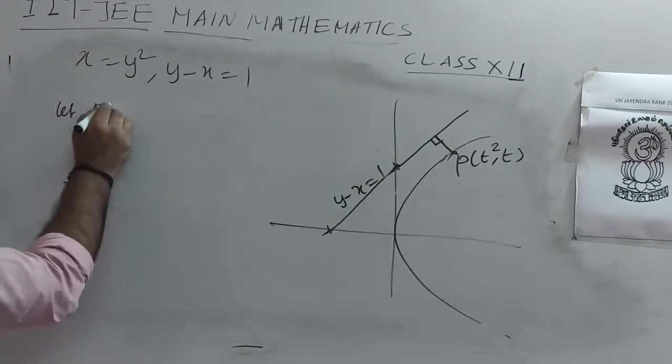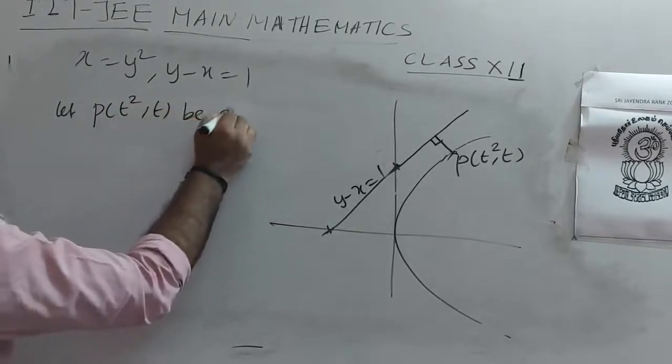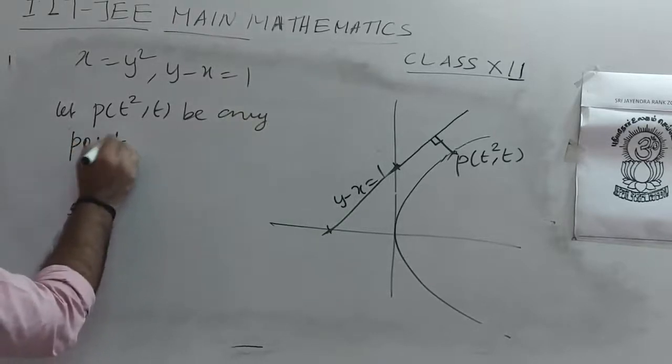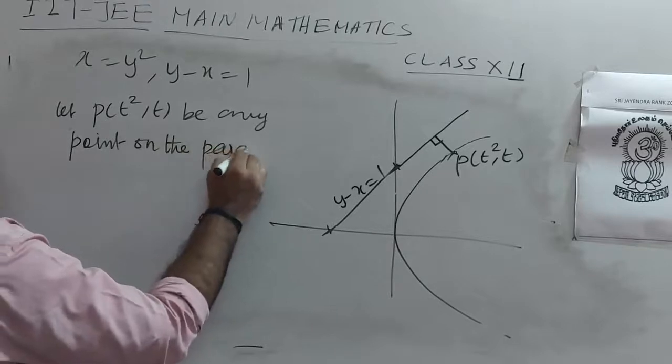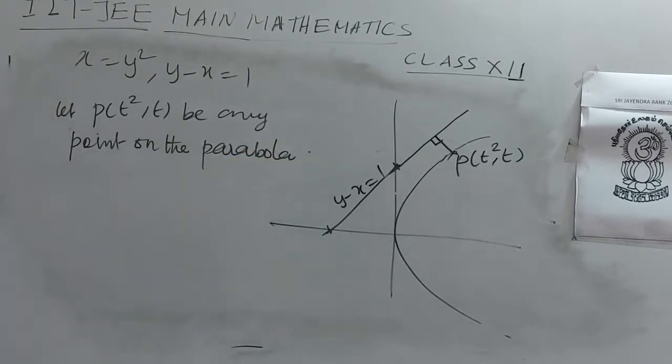Let P of t squared comma t be any point on the parabola. We want to find the normal perpendicular to this line.